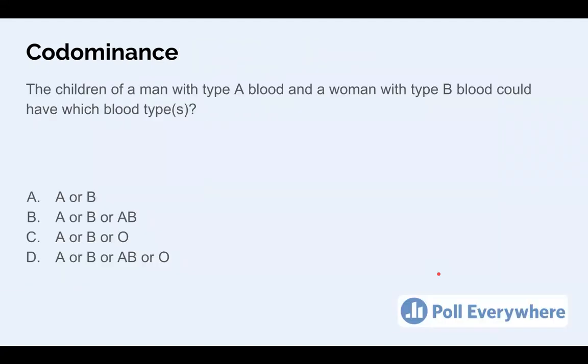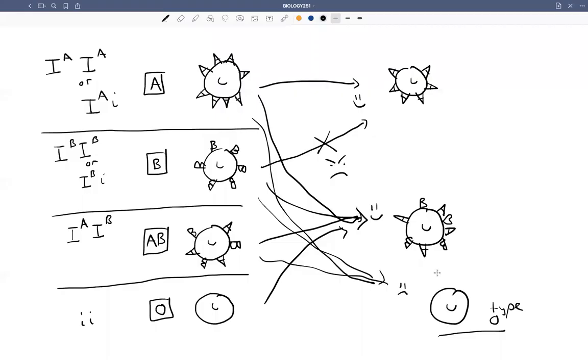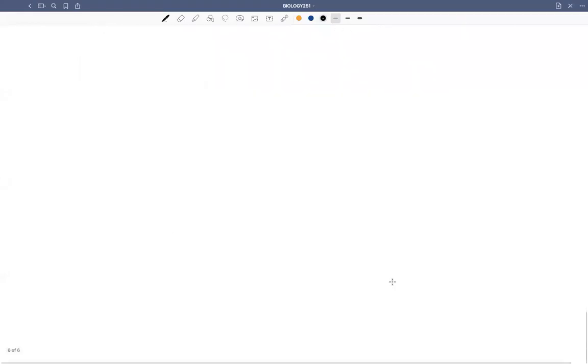All right, so let's see if we can solve a problem here. You can turn these into interesting genetic problems. The children of a man with type AB blood and a woman with type B blood could have which blood types? All right, so if the man is A for the father, and B, so we've got their blood types there, and I've left it pretty open, mostly so we can work through this.